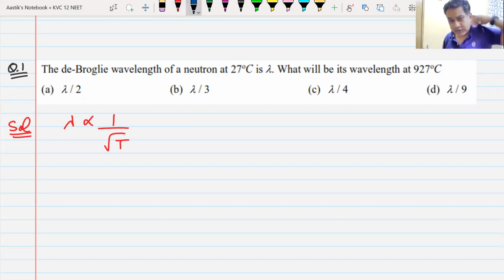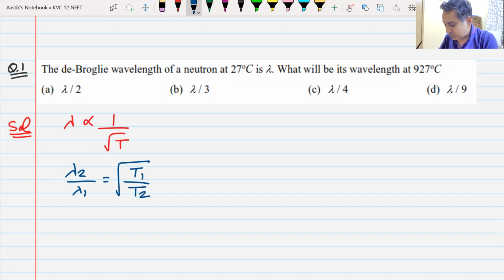So, if I call the first lambda as lambda 1 and the second lambda as lambda 2, I can write lambda 2 by lambda 1, and you must be good with this because most of the questions that you are going to have as numericals in your NEET are going to be based on this ratio concept. So lambda 2 by lambda 1 is root over T1 by T2. T1 is the temperature 27 degrees Celsius. 27 degrees Celsius is given for a reason because when you convert it into Kelvin scale, it's added with 273 and your final answer becomes 300.